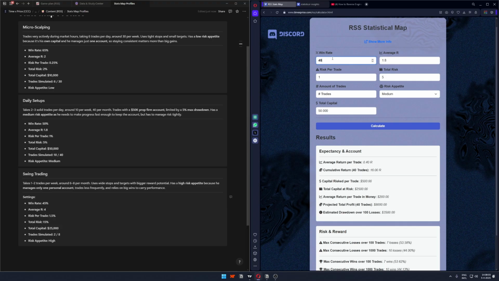So in this instance, there's a 45% win rate, a 4R on average, he risks about 1.5% of his capital per trade, has about 15% total risk on his account, has about, let's say, 2 trades per week, has an aggressive manner, and has about $25,000 in capital.